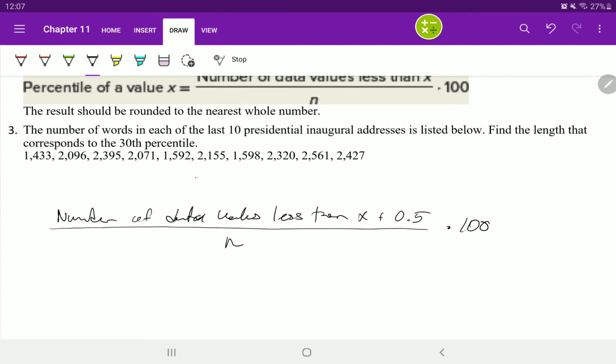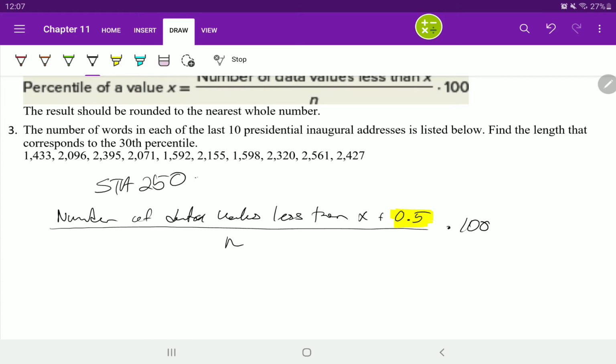Now, why plus the 0.5? When we add the 0.5 here, we're using it to be more precise in our calculations, to get more precision. Anyways, so this is the formula that we'll be seeing in Stats 250.